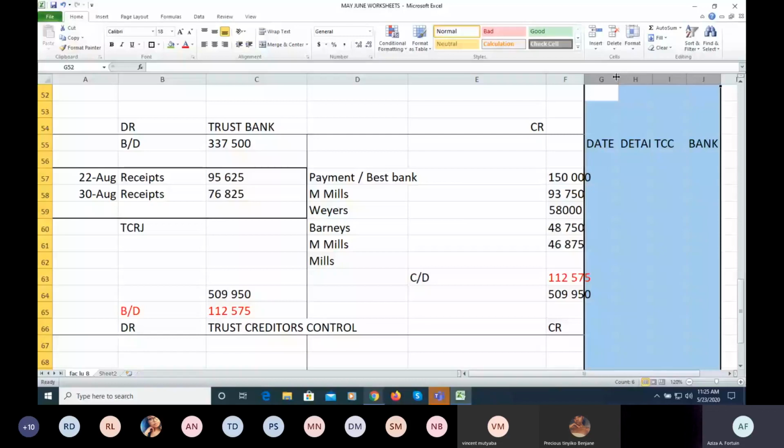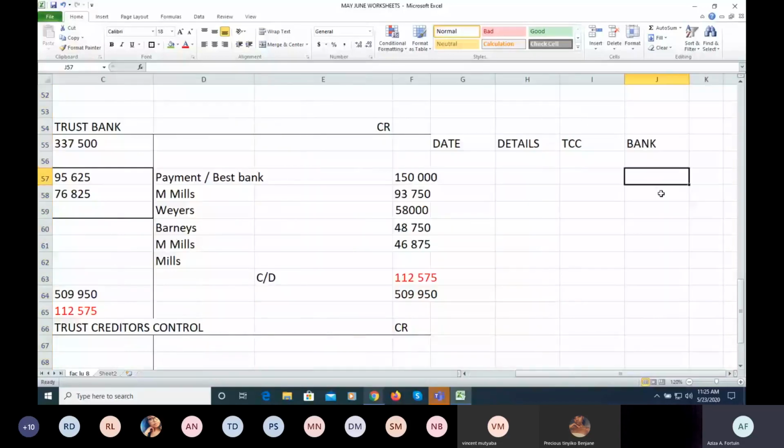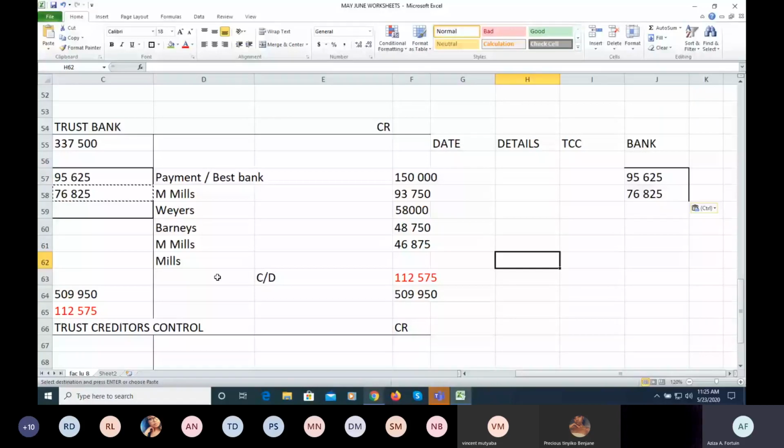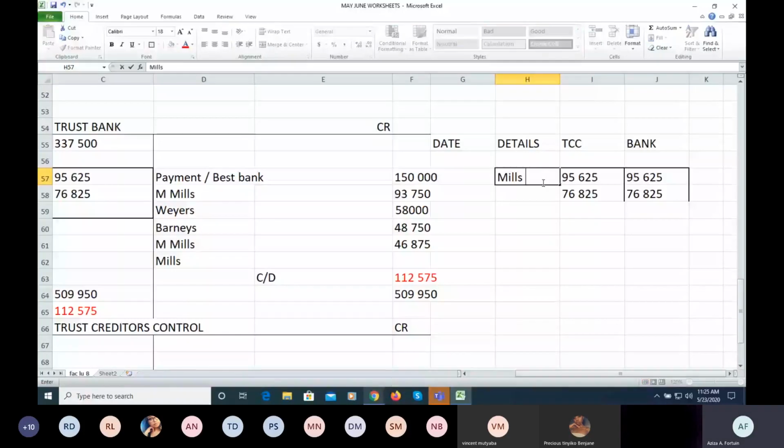Okay, so now I would then copy my 95 into my bank, copy that one into there, right? Under my trust creditors control, I would then have the same, debit one, debit the other, okay? And then here I would have Morgan. What section would I have here? 6.4.